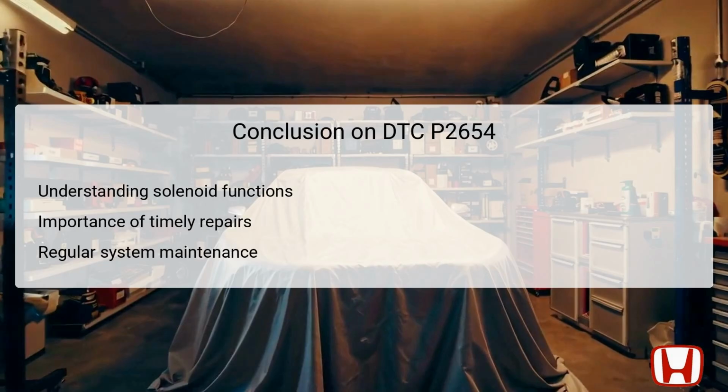As we've explored, numerous factors can trigger this diagnostic trouble code, and following a systematic troubleshooting process is essential for accurate diagnosis. Regular system maintenance, including monitoring oil quality and ensuring electrical connections remain intact, can significantly reduce the chances of experiencing similar issues in the future. Ultimately, proactive management and timely interventions are crucial for preserving the health and functionality of the Honda CR-V.